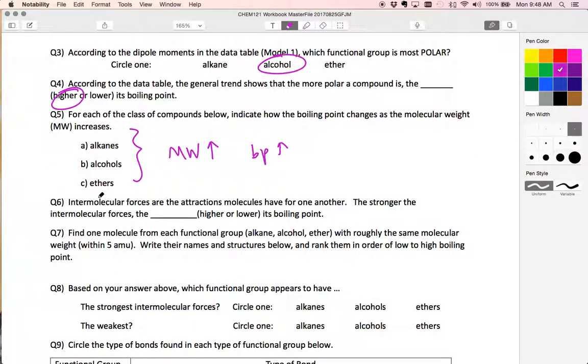Intermolecular forces are the attractions molecules have for one another. So just to briefly review, if I have a molecule here and it's bonded to things, like a carbon bonded to 4 hydrogens, for example, the bonds that hold this molecule together are called covalent bonds.